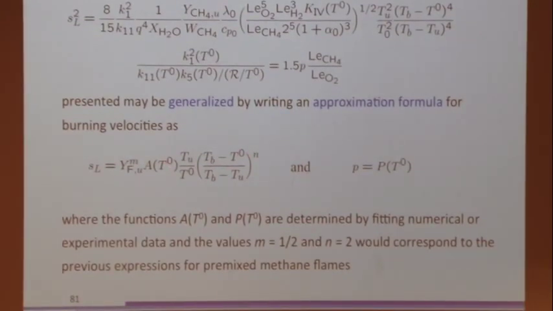Now we have A and P, and we call this P. So we need expressions for A and P, and then you see these coefficients m and n. m equal to 1/2 would be the analytic solution, n equal to 2 would be the analytic solution, and so on.